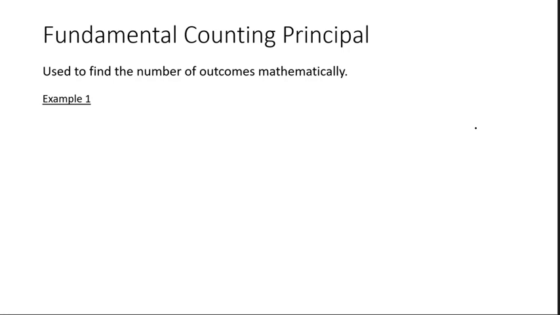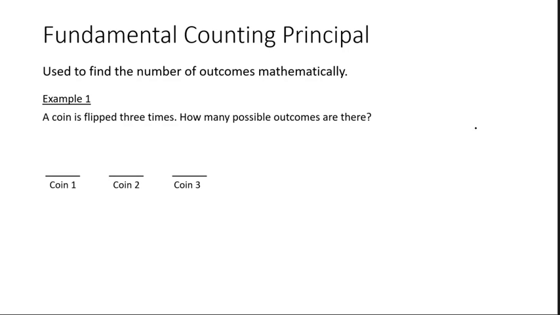So using the coin example, when we say a coin is flipped 3 times and we're trying to determine how many possible outcomes there are, we already know the answer is going to be 8, right? We have already shown that in the last slide, but we want to be able to do this mathematically. So what you do is you put here coin 1, coin 2, coin 3, because we're flipping a coin 3 times.